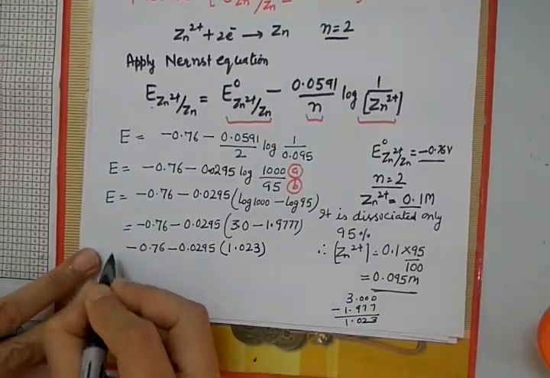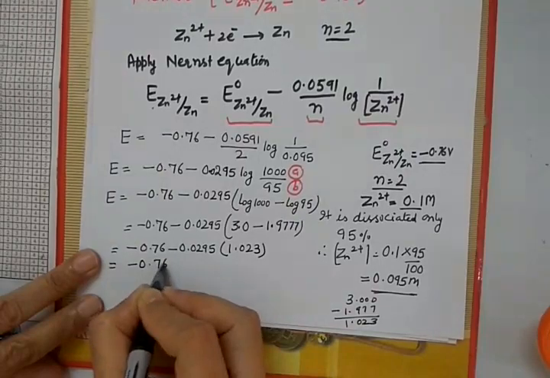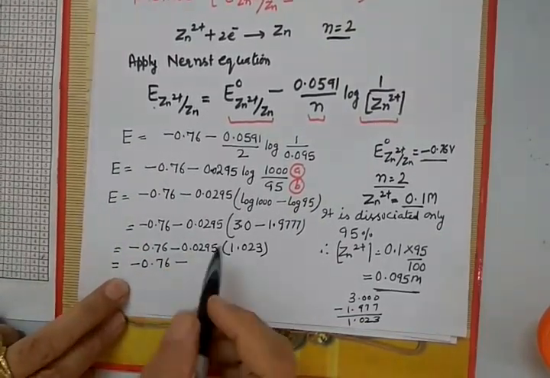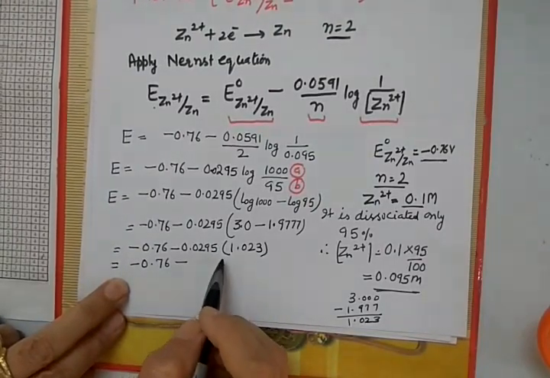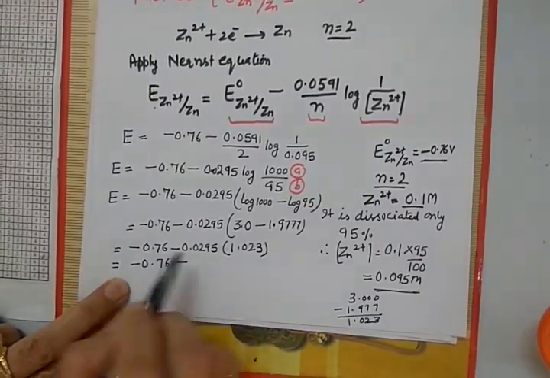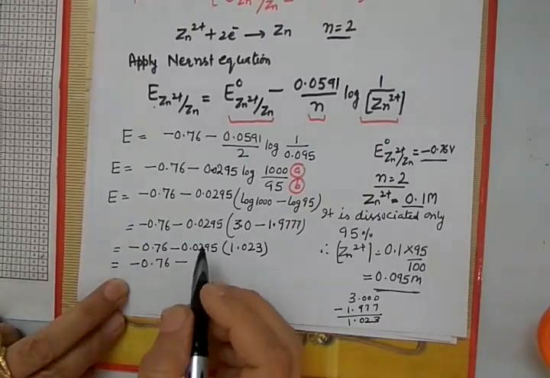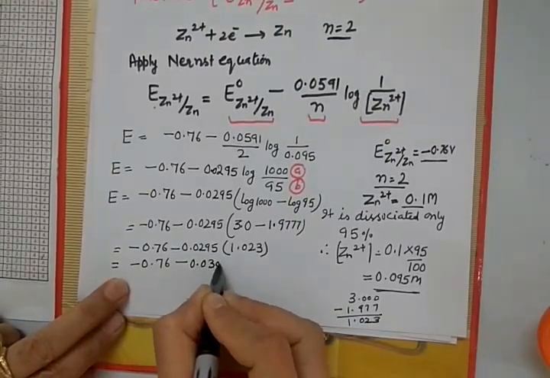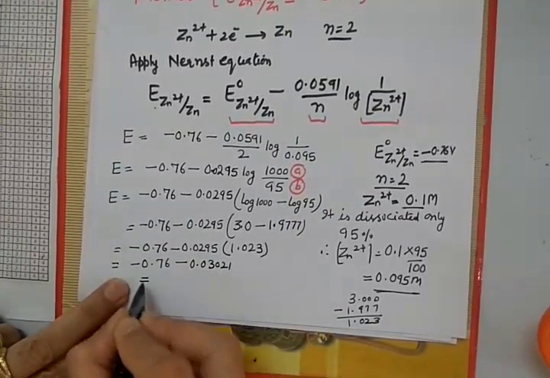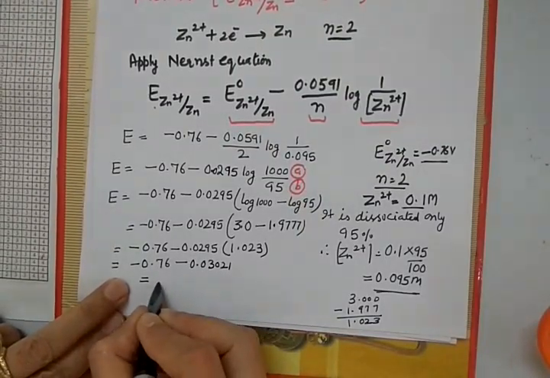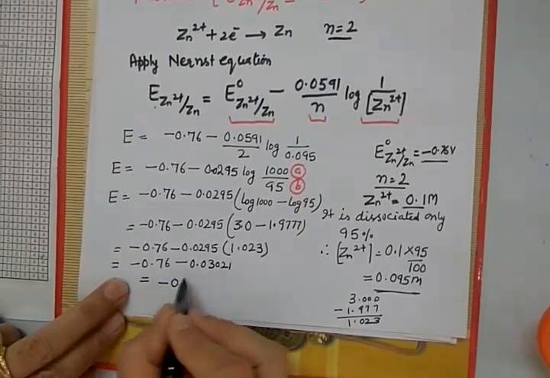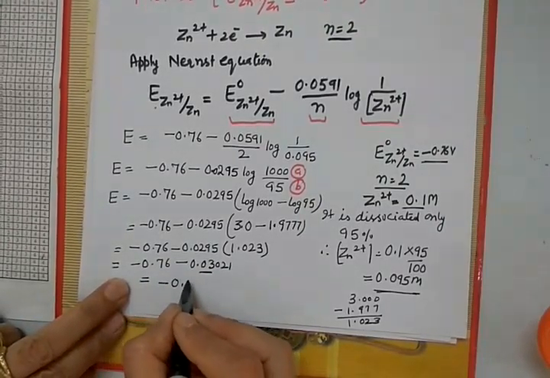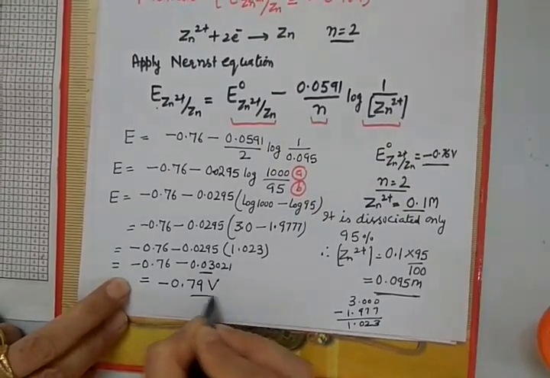And if we solve it, minus 0.76 minus, we can multiply these two. On multiplying, I can do the calculation with a calculator, but you have to do it manually because in examinations calculators are not allowed. So it is 0.03021, and if we take 2 digits, it will be minus 0.79 volts.